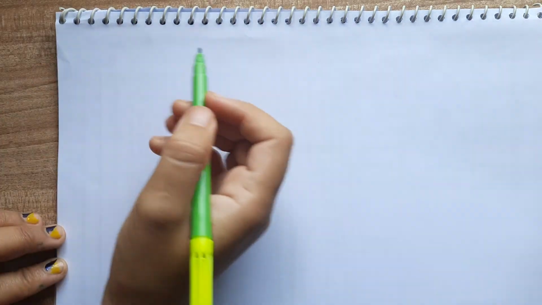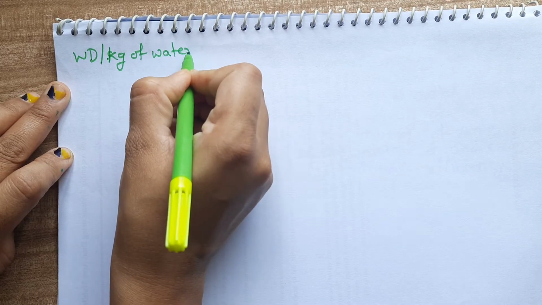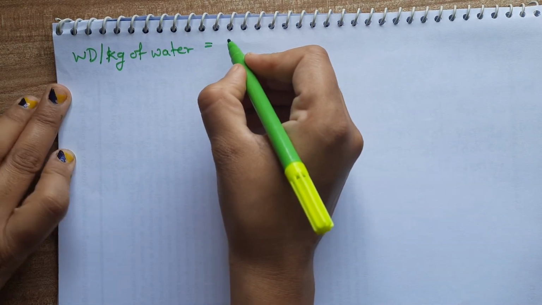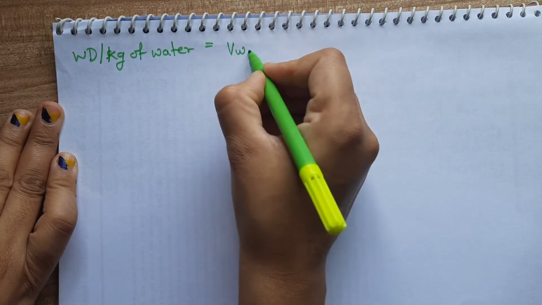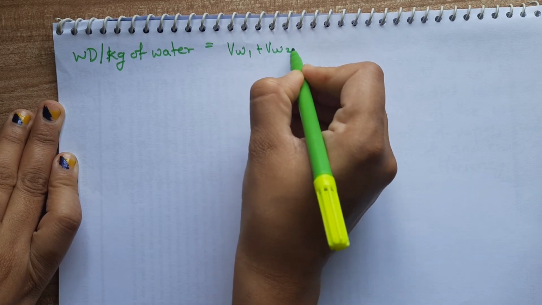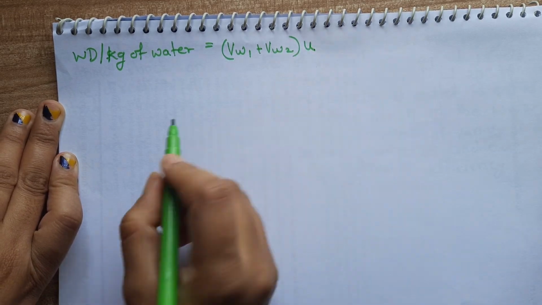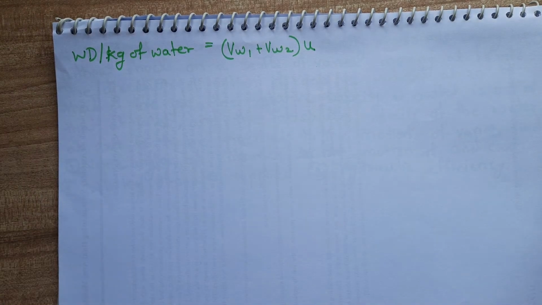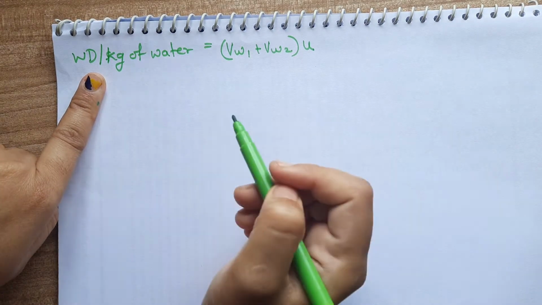The next part which we are supposed to find is the work done per kg of water, which we can find by using VW1 plus VW2 into U. We don't have to take the mass flow rate over here because we are simply writing per kg of water.